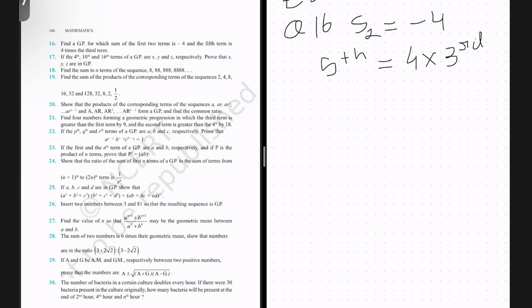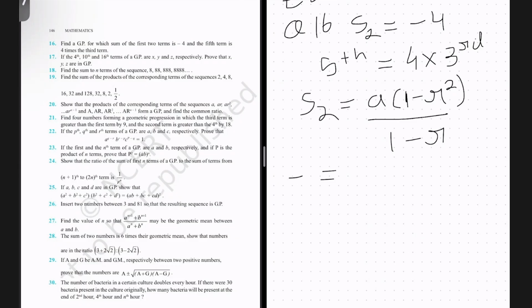So S of 2 would be represented as a(1 - r^n) upon 1 - r, with n equal to 2, and this entire expression is nothing but -4. So equating this to -4, you have a(1 - r^2) over (1 - r).